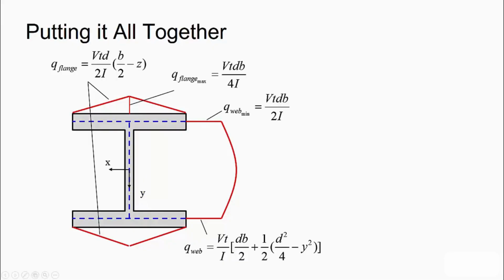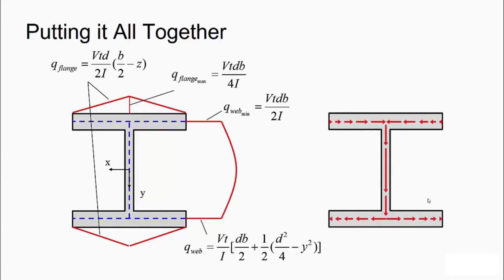Hopefully that will make sense in a second when we again overlay. These graphs are showing the distribution, the linear increase and the parabolic variation, but shear is acting on the section according to these arrows. And it actually flows through the section.